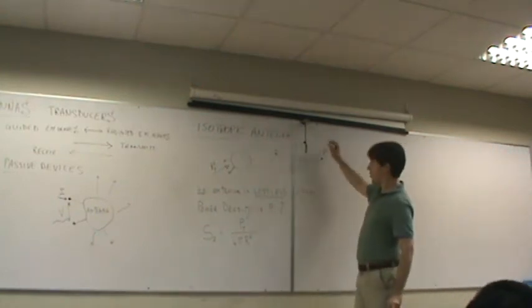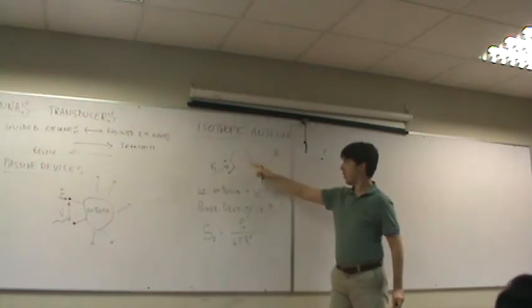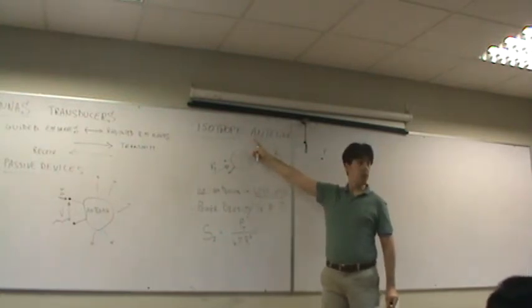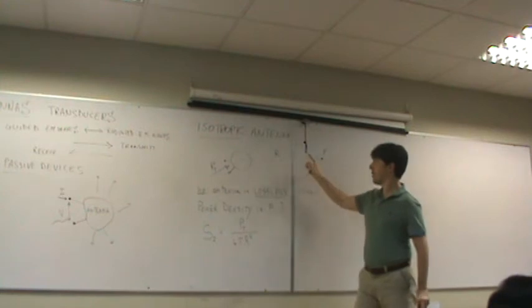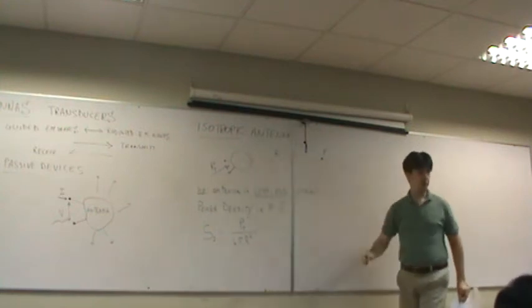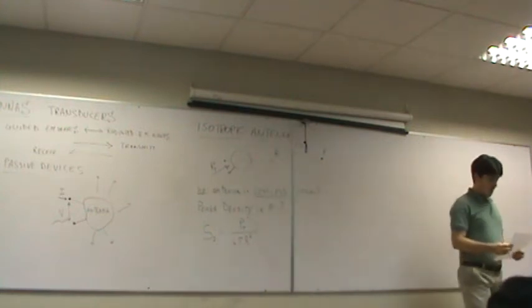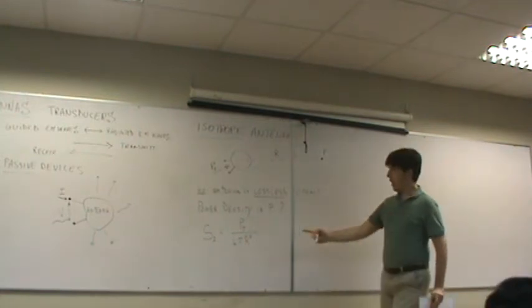There is no dependence on the angle because the antenna is isotropic. So there is only a dependence on the distance. And this is a pure geometrical factor.